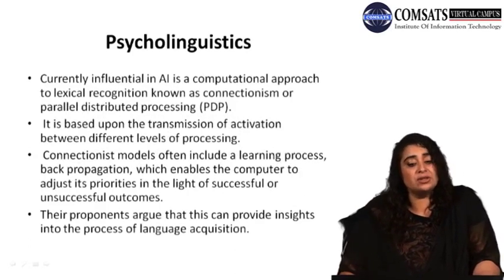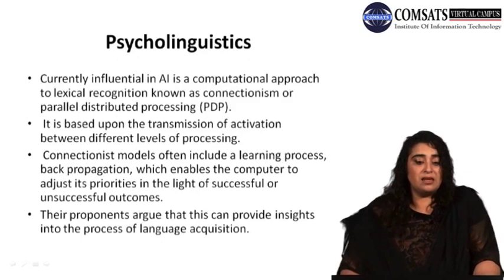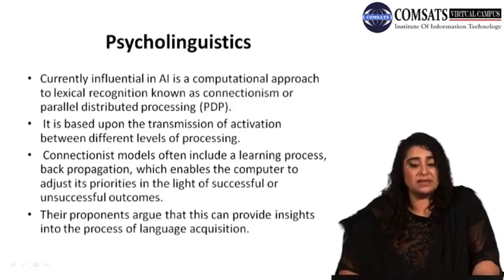So currently influential in AI is a computational approach to lexical recognition known as connectionism or parallel distributed processing, PDP. It is based upon the transmission of activation between different levels of processing.